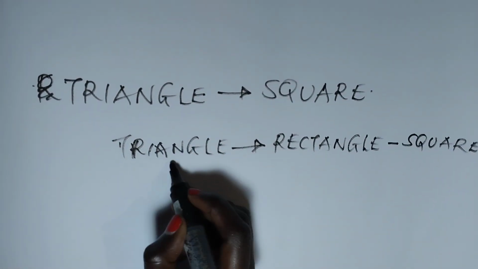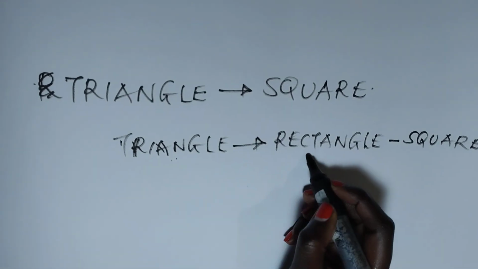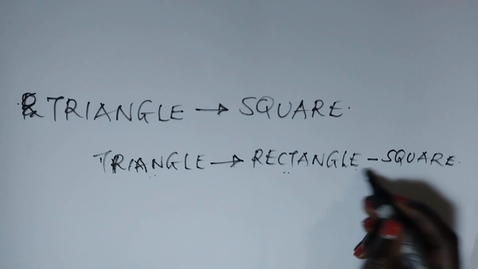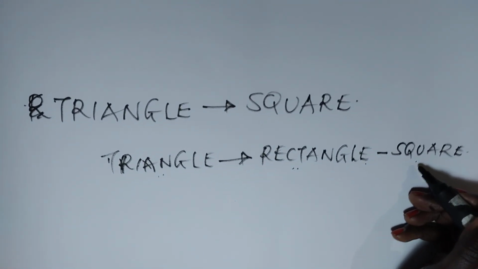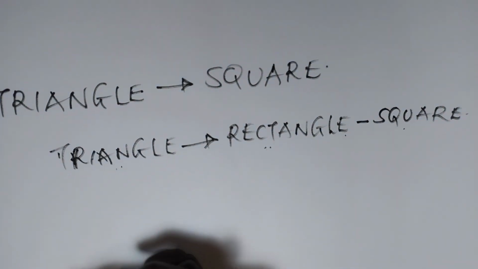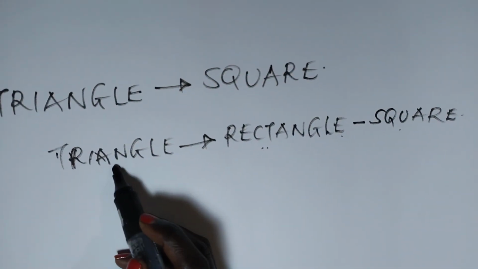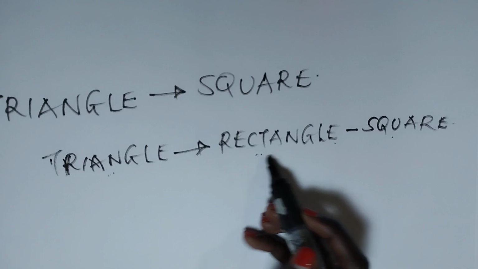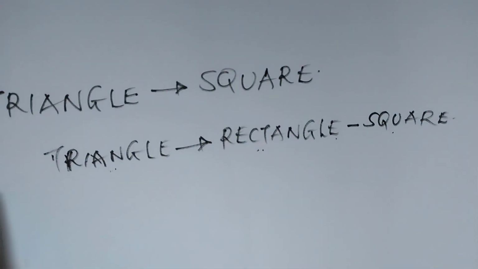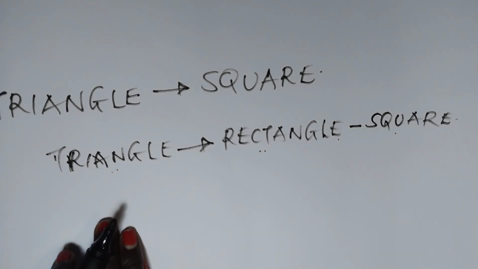You'll be given a triangle, and then from the triangle you construct a rectangle, and then from the rectangle you construct your square. So in our next video, I'm going to show you how to construct from triangle to rectangle, from rectangle to square, that is, from triangle to the square. That is the whole procedure that we've learned today.